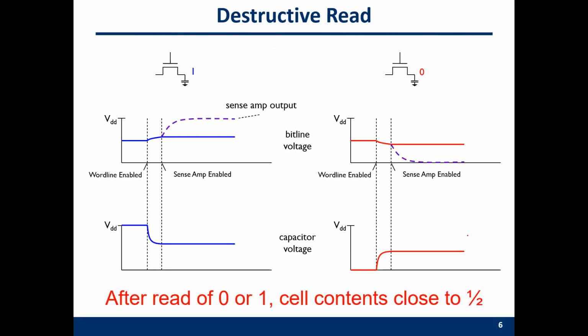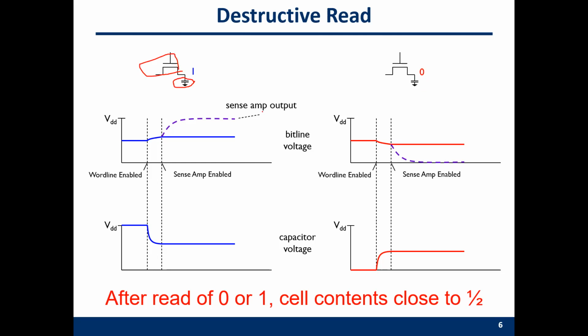So here is the destructive read. We use a capacitor to store some charges to represent the data. If you have some charges, then it represents 1. If you do not have charges, then it represents 0. And this is the access transistor.